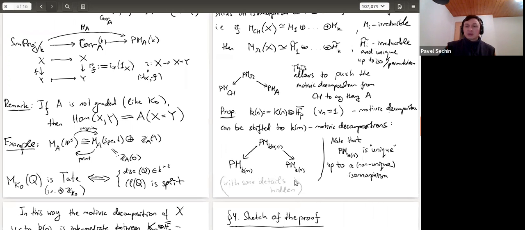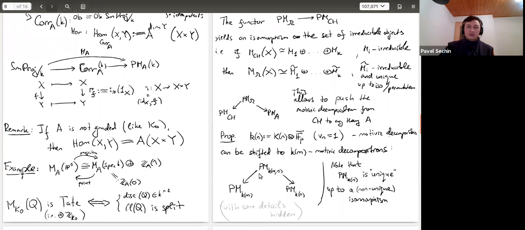M is less than N. And this is done via an intermediate category of pure motives corresponding to some free cohomology theory, but I don't want to discuss this proposition, so let me just state it as a fact.